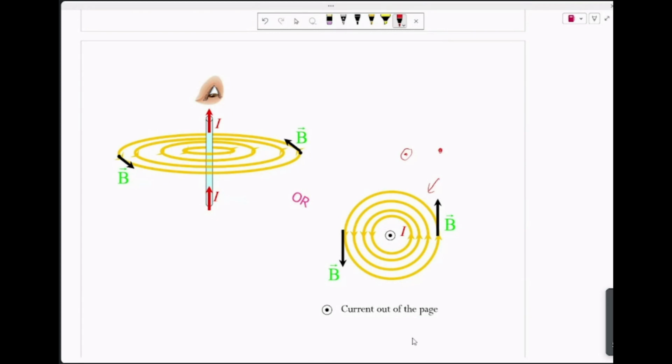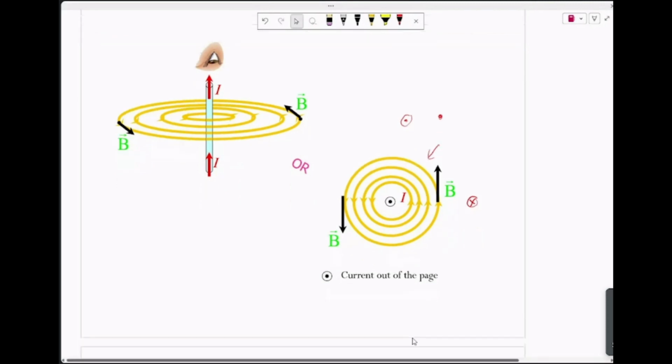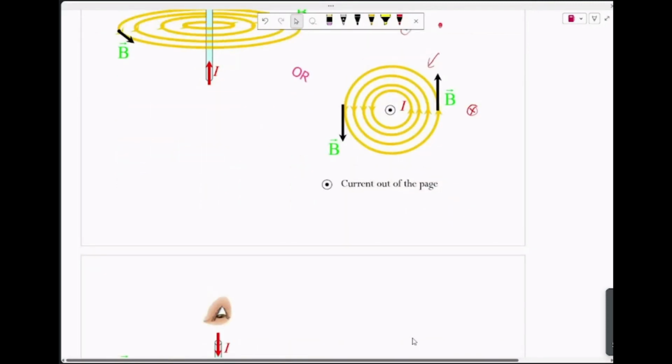So it's either out of the page or into the page. Sometimes it's just X, sometimes it can be a circle with X. That one is into the page. Remember the analogy of an arrow, so that you don't get confused.